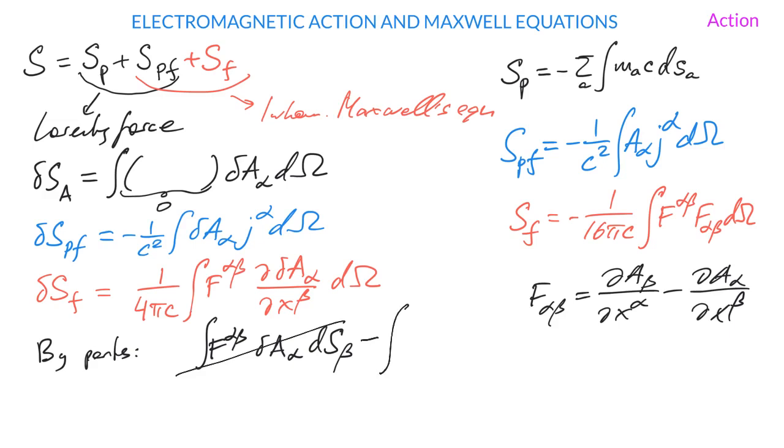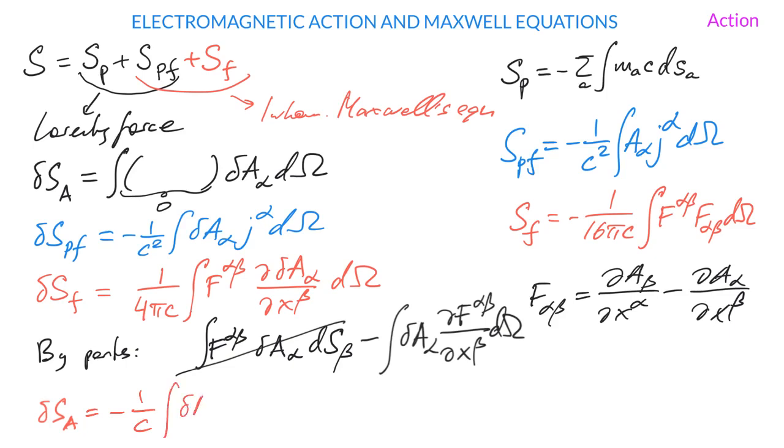And then the other term is delta A alpha df alpha beta by dx beta, and all of that over d omega. Putting this together into delta SA, so we combine the terms from delta S PF and delta SF, we find minus 1 over C integral delta A alpha. We can already write it in standard form.